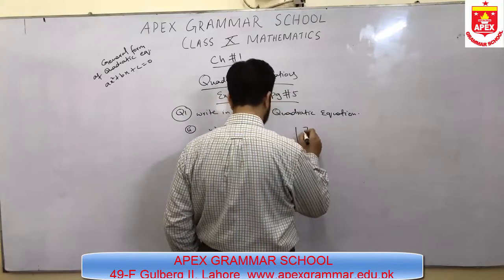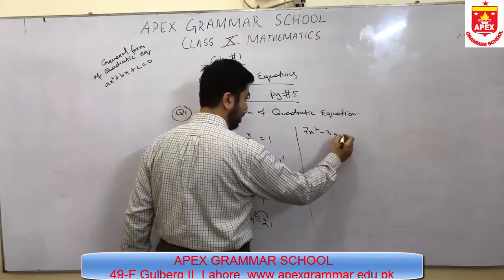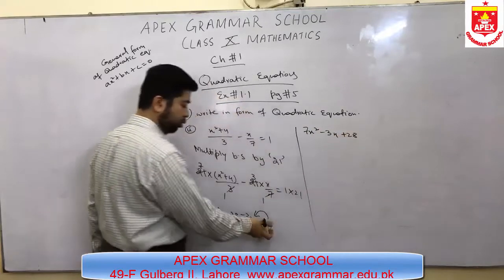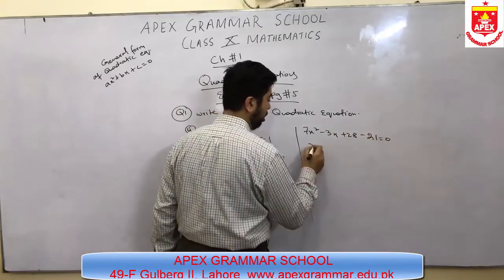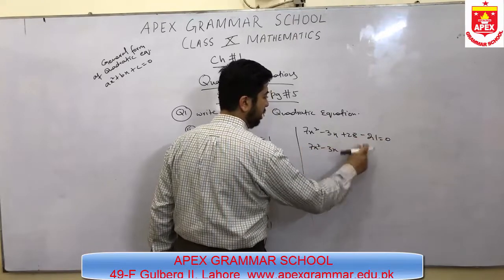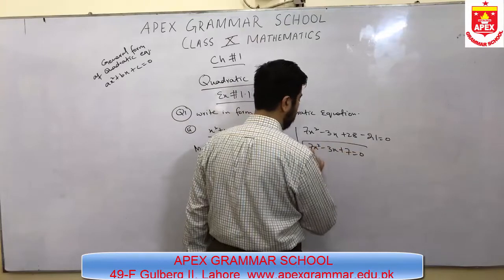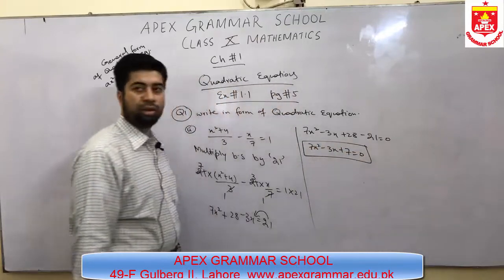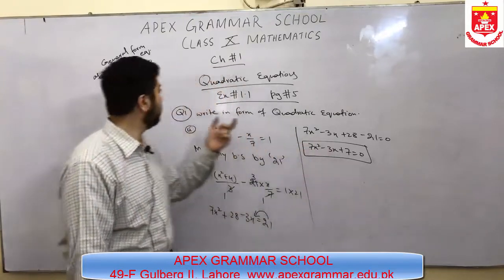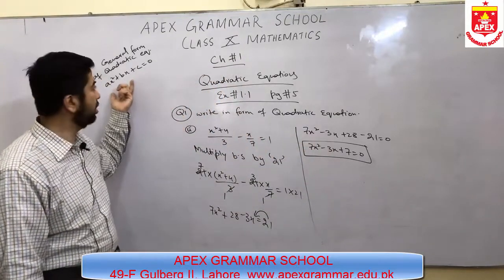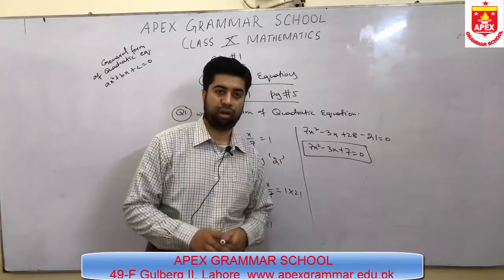So it becomes 7x square minus 3x plus 28 minus 21 is equal to 0 now. 7x square minus 3x, 28 minus 21, this is plus 7. And that's it. You can see that this equation becomes just in the form of ax square plus bx plus c equal to 0, and this is in the form of a quadratic equation.